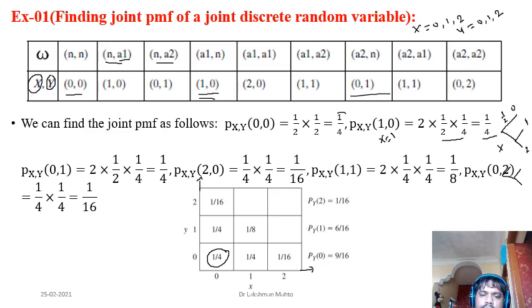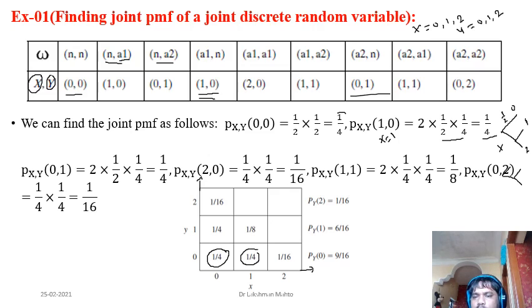If x is taking 1 and y is taking 0, that means in the x coordinate we have to put it for 1 0. So this scenario is coming. So what we have calculated, it is 1 by 4. Calculation is very simple. You can calculate it. If x is taking value 2 and y is taking 0, that means 2 0.